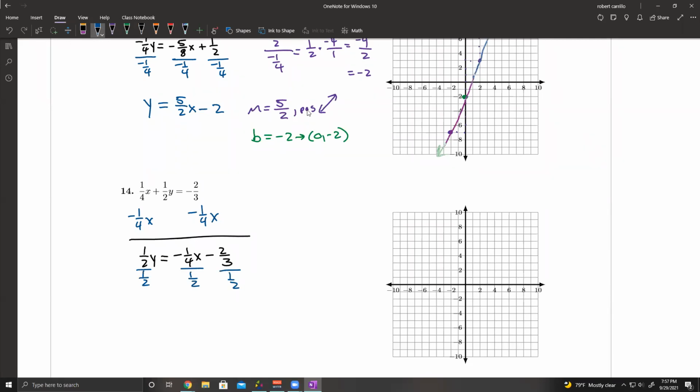And fraction work again. -1/4 over 1/2 becomes -1/4 times 2 over 1, which gives me -2/4 or -1/2. So that's when we get y equals -1/2 x.